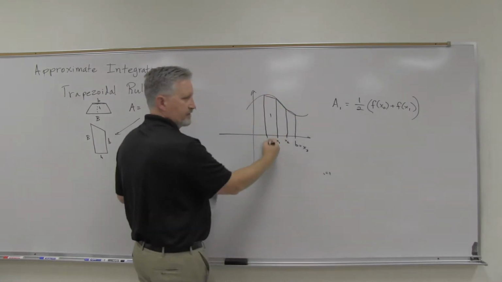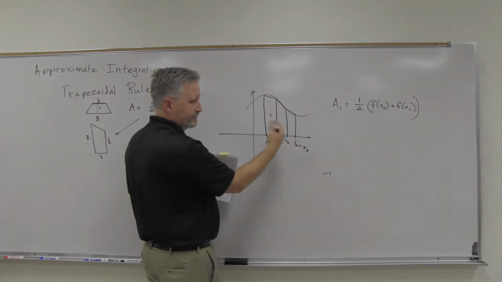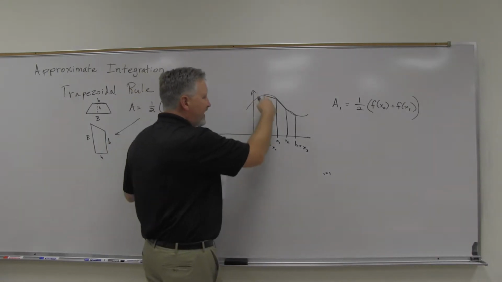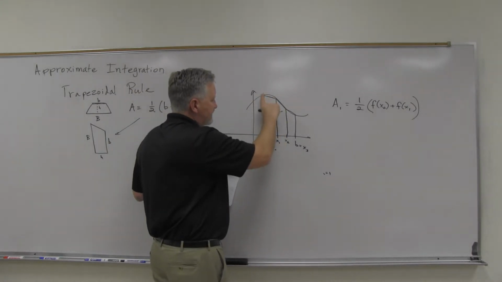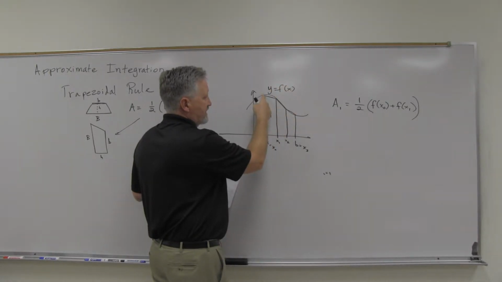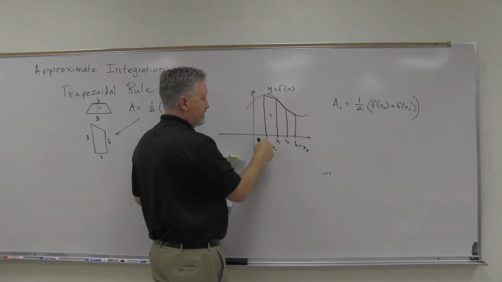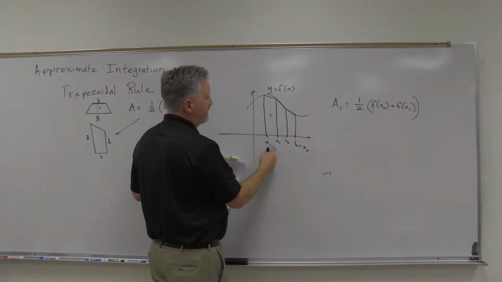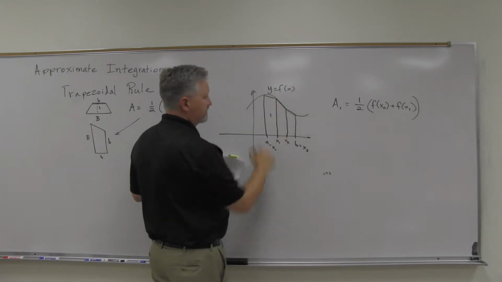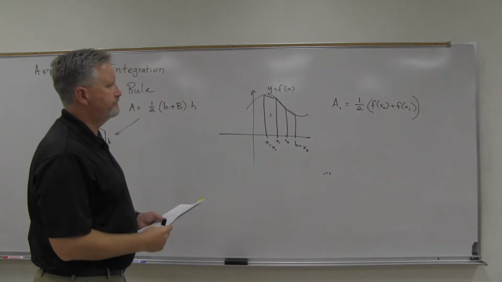Would be the big B and the little b, or maybe I should have put it the other way, but you add these 2 sides, and the length of that side, again, this is y equals f of x. The length of that side is the function value at x0, or f of a.